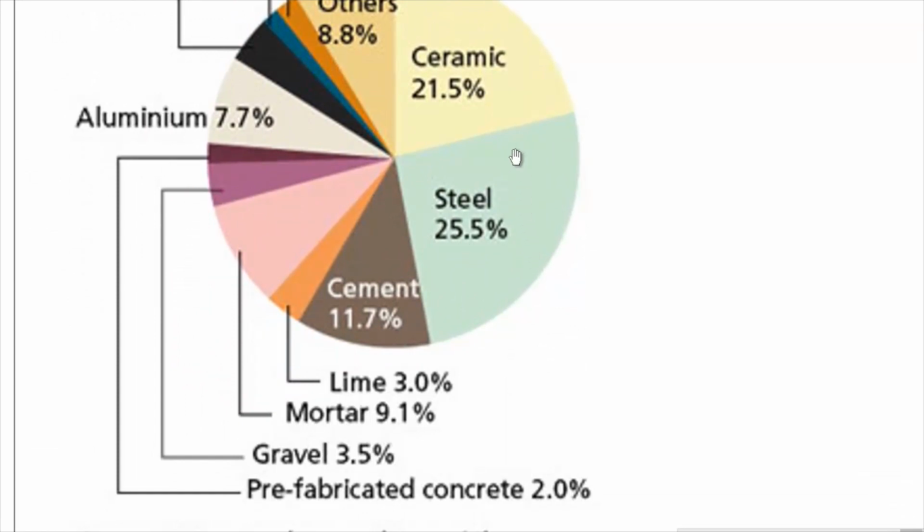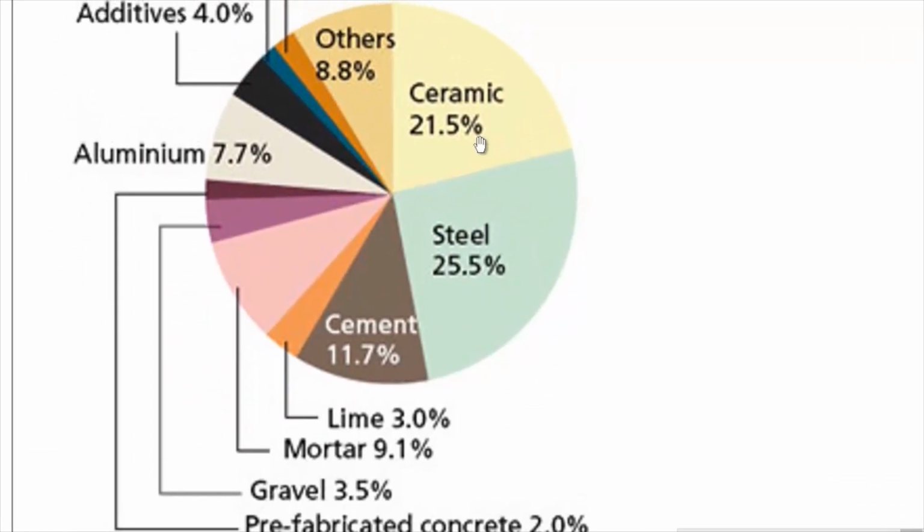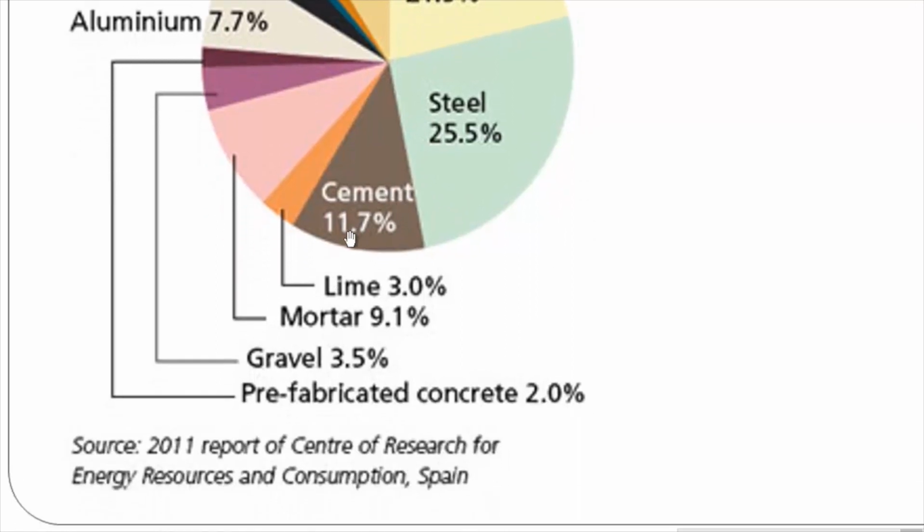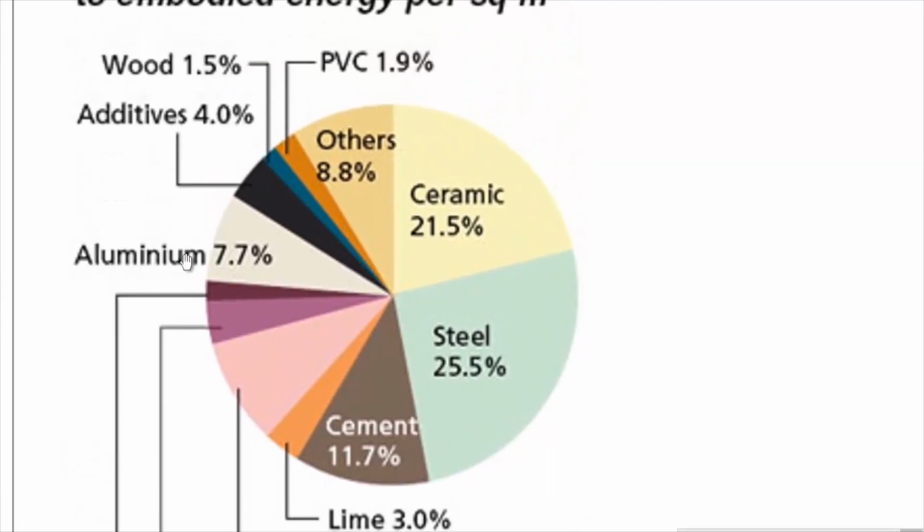The major percentage again goes for ceramic, 21.5% in the buildings, and the usage of steel in the building comes to a value closer to 26%. Next comes cement at 11.7%, and lime is very minimal, around 3%. The mortar binding material is 9%, gravel used in building is 3.5%, prefabricated concrete is 2%.